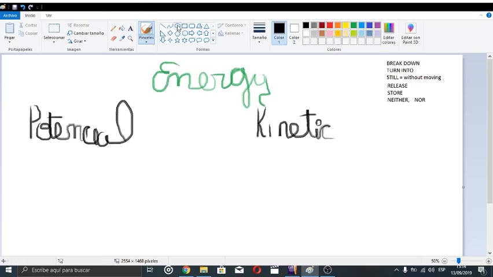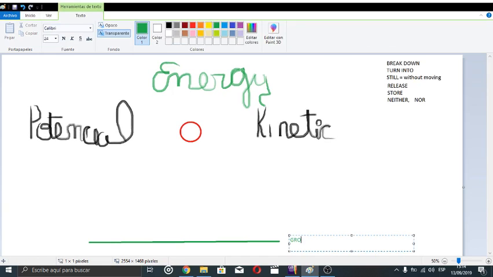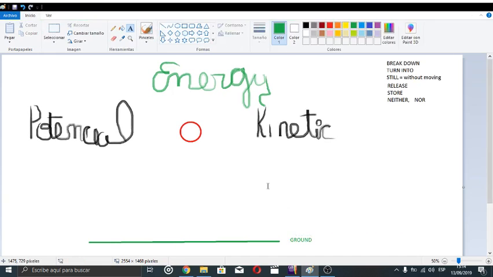First, imagine that we have an object like this. Could be an apple. Do you remember Newton's apple? Yes, Newton's apple, and here we are going to have the air and the ground. Imagine that this is an apple and this is the ground. Now, what happened here?